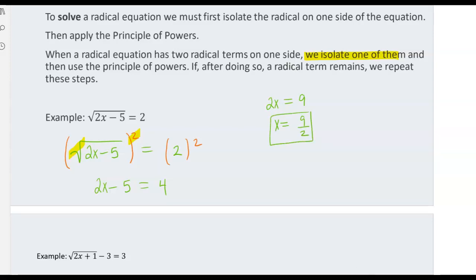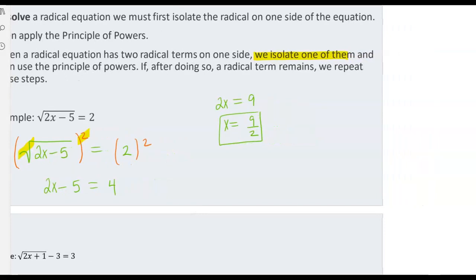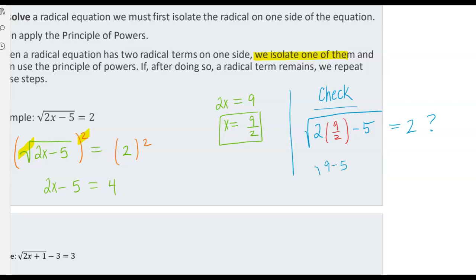Again, similar to the examples we were doing before, we always want to check our answer. So let's plug in 9 over 2 for x. And we want to know whether that's equal to 2. The 2 divided by 2 is going to cancel, so we'll just have 9 minus 5. Yeah, that's going to be the square root of 4, right? So I think this is going to work. So 9/2 is our solution.